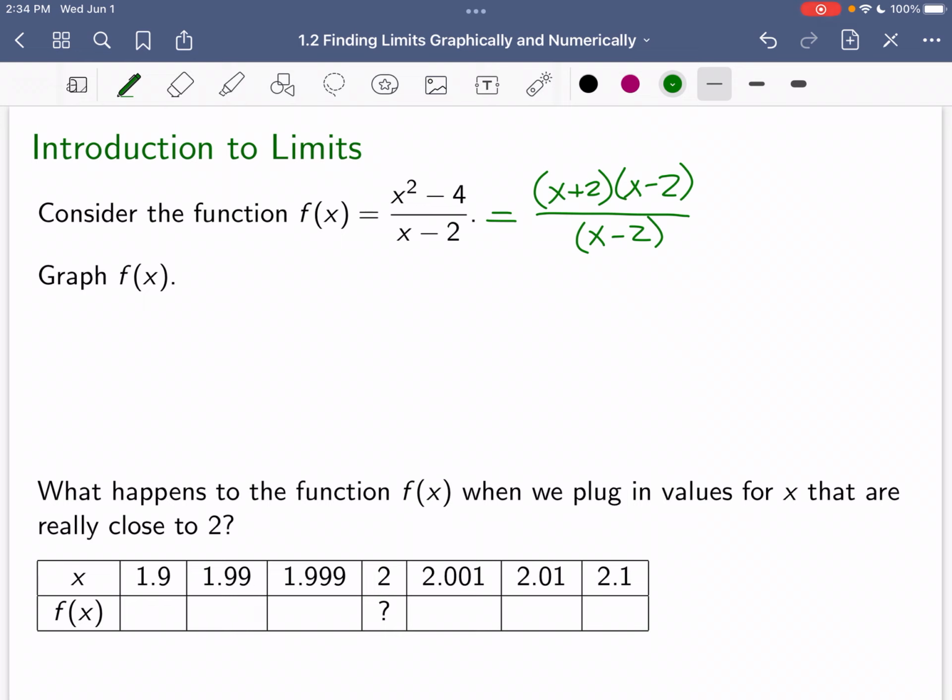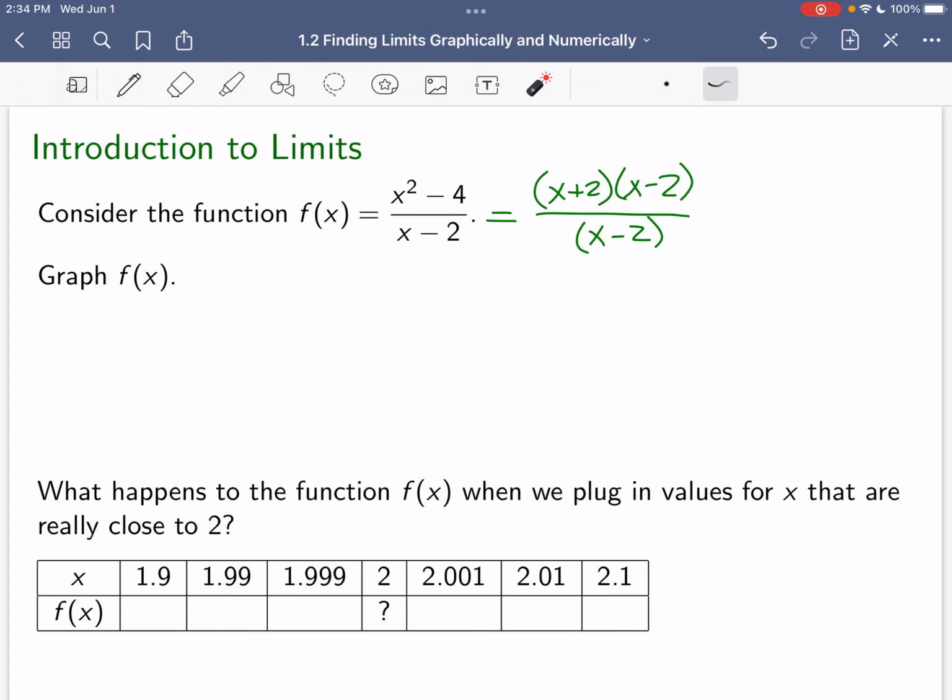And in some sense that's okay, except at 2 itself, this function's not actually defined, right? If we were to plug in 2, we would get a 0 in the denominator. So the x value of 2 is not in the domain of this function.